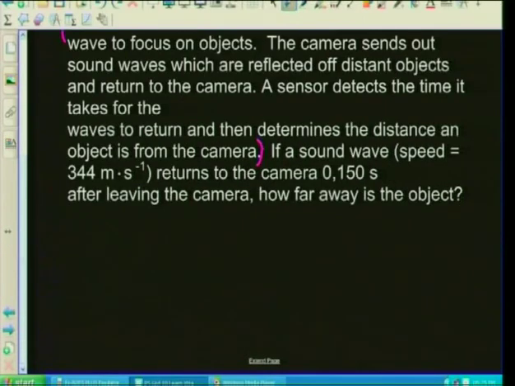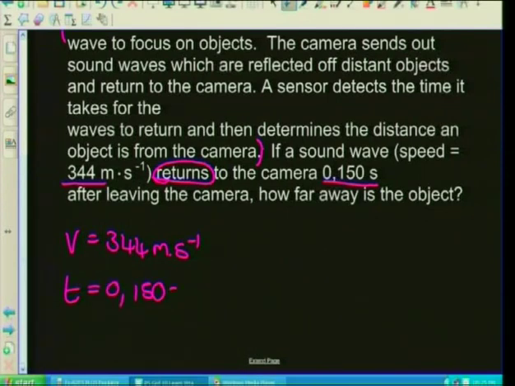So now, the sound wave, which has a speed of 344, so let's write that down, returns to the camera in 0.15 seconds after leaving the camera. How far away is it?